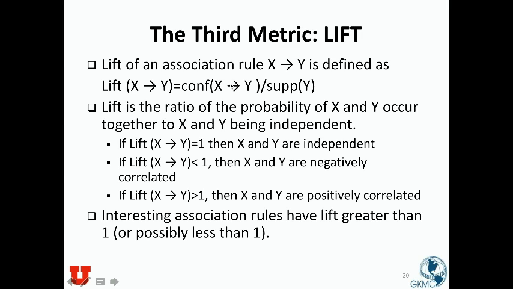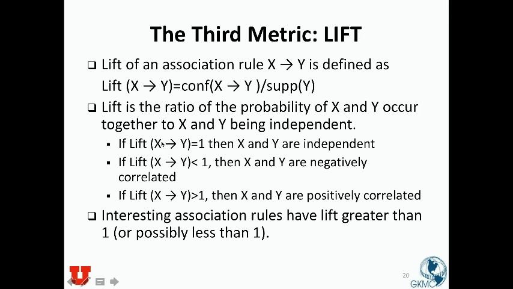So the meaning of this is how likely it is that x and y would appear together more than if x and y happened independently. So it is the ratio of the probability that x and y occur together to the probability that x and y occur independently.